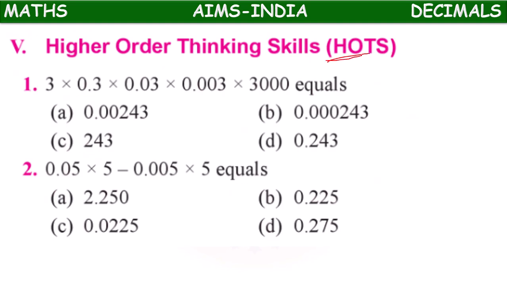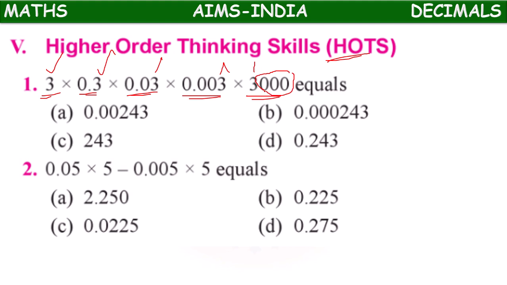Next, HOTS question, children. 3 into 0.3 into 0.003 into 3000 equals. No need to confuse children. Without decimal point, here we have 3, 3, 3, 3, 3. These zeros also, no need to count.